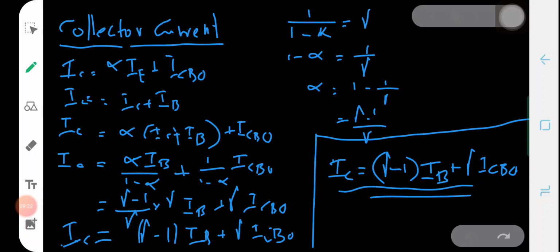And remember that this common collector connection has a very high input resistance, of the order of 750 kilo ohms, and a very low output resistance, of the order of 50 ohms. Due to this reason, the voltage gain provided by this circuit is always less than 1.